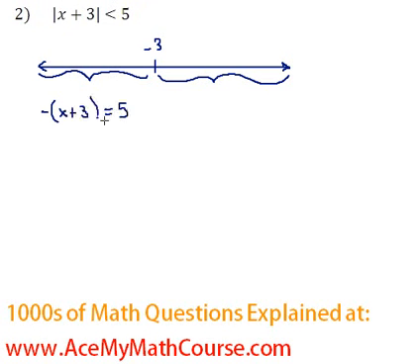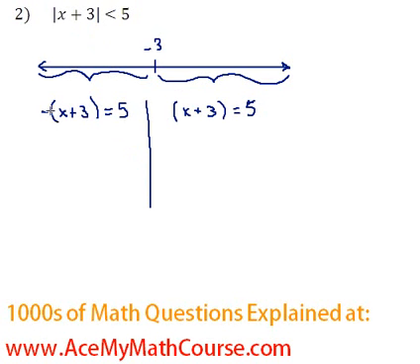We're going to pretend that we're dealing with an equality, make it equal, and over on the other side, if I choose, let's say, 0, a number greater than -3, 0 plus 3 is just 3, and the absolute value of +3 is just +3, so we don't need to switch the sign. So just leave it as x plus 3 equals 5, and we want to find out what values of x we find for each different case.